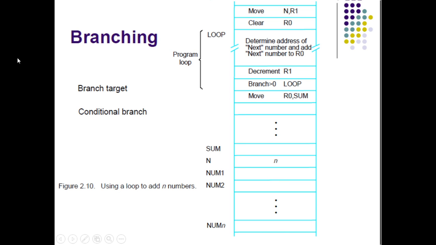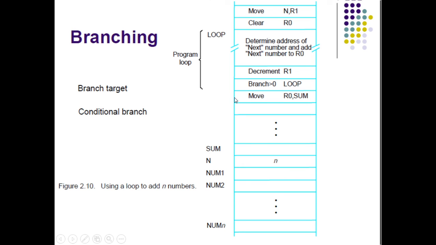So this is the case of branch. If the branch condition is true, the PC is updated to point to the branch target location. If the branch condition is not true, the PC points to the sequentially next instruction.